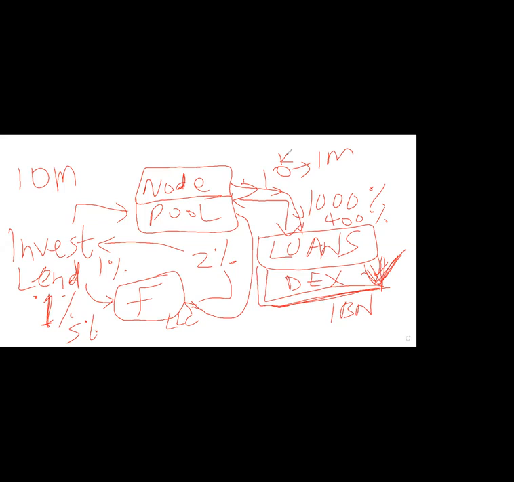Now that 100 million, they're going to get charged fees, right? 2% a day, we know this. Let's say they're all doing 7-day contracts, so we multiply that by 14%. That's 14 million in fees coming in per day.